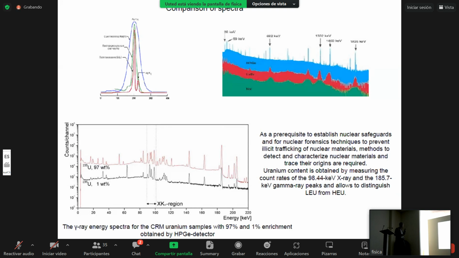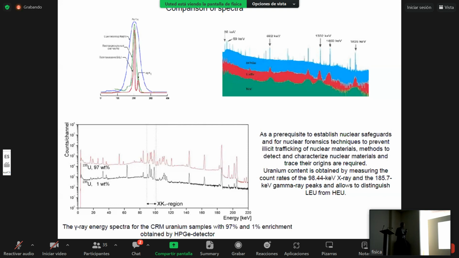For example, there are some issues connected to the safety of nuclear materials, specifically nuclear non-proliferation and safeguards, and there are techniques to prevent illicit trafficking of nuclear materials, specifically from reprocessing plants, and it can be done with gamma ray spectroscopy.